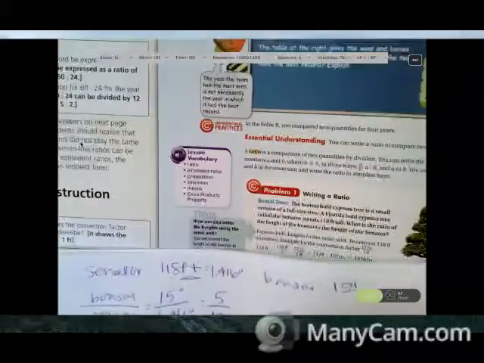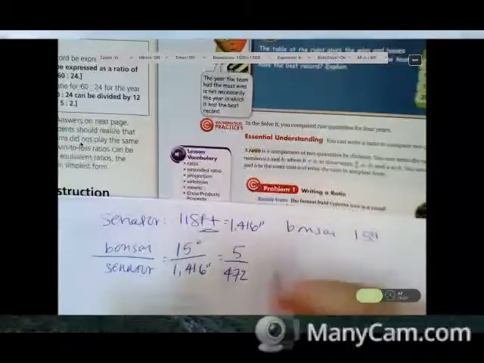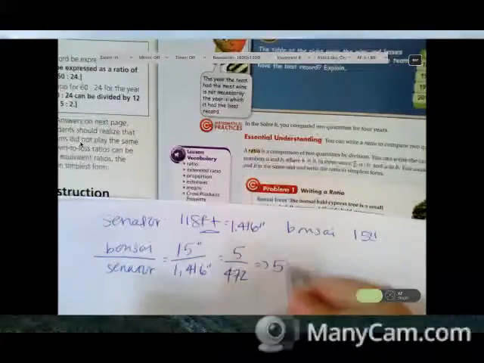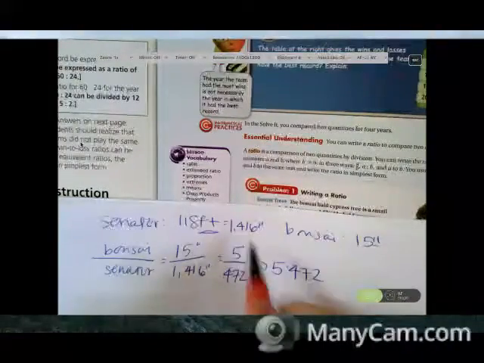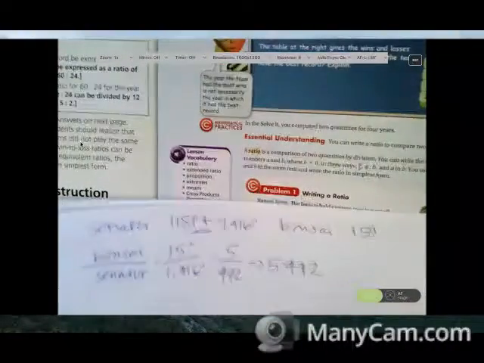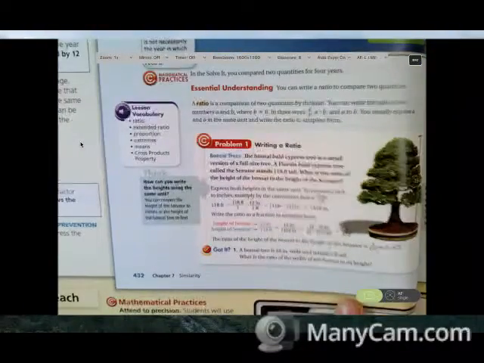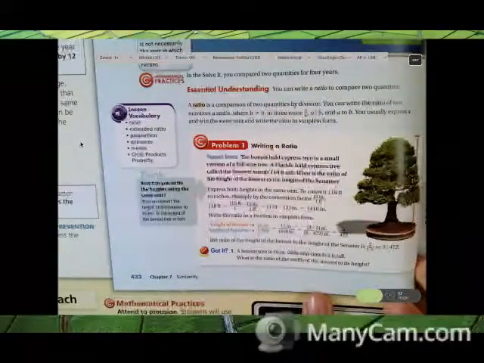So that is the ratio, or how some people write it is 5 to 472. Remember, we converted the feet to inches first, and then we divide. So Charlie got it down here.